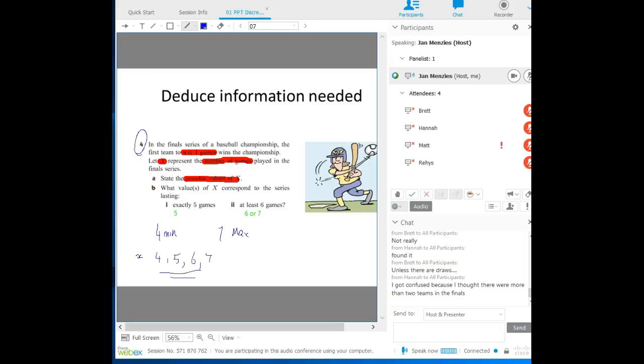I hope that that's pretty straightforward. Yes, Hannah, it is confusing. So with this question and with many of the questions, getting your head around what they're talking about and exactly what it means is the skill. And once you've developed that skill, Brett was very quick, so well done, Brett. But that is just a matter of practice and thinking in the right way.